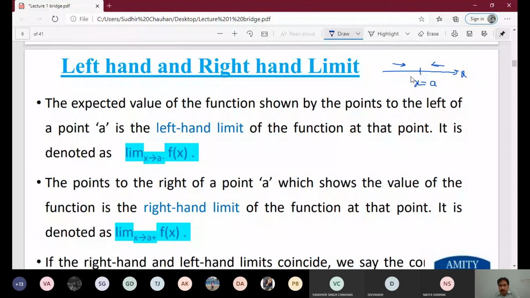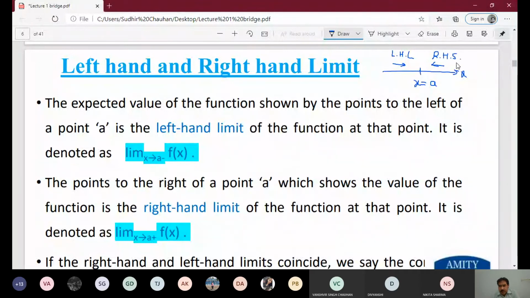If we approach from left to right, the value of x will be a minus, so it will be the left hand limit. And if we approach from right to left, x will be slightly greater than a and then approach a, so it will be the right hand limit.